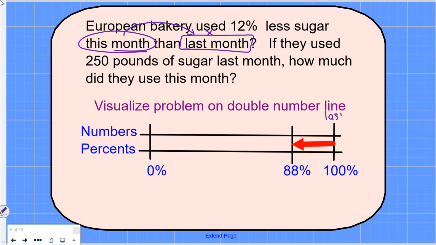So my 100% is last month. 12% less is 88% of. That would be this month.